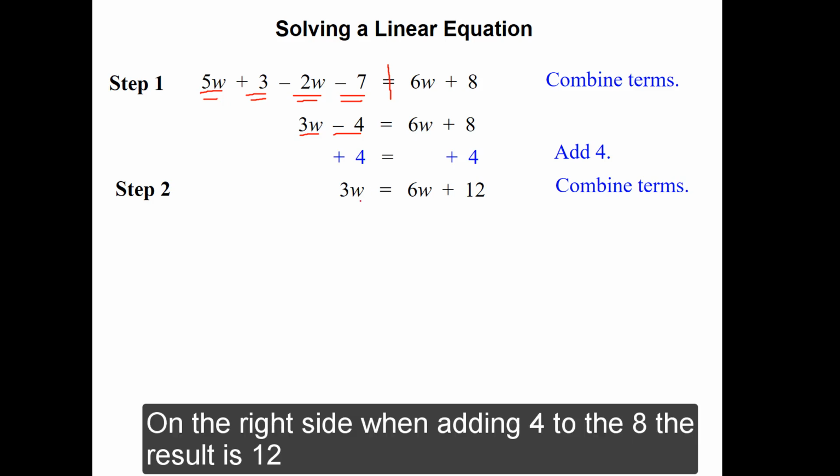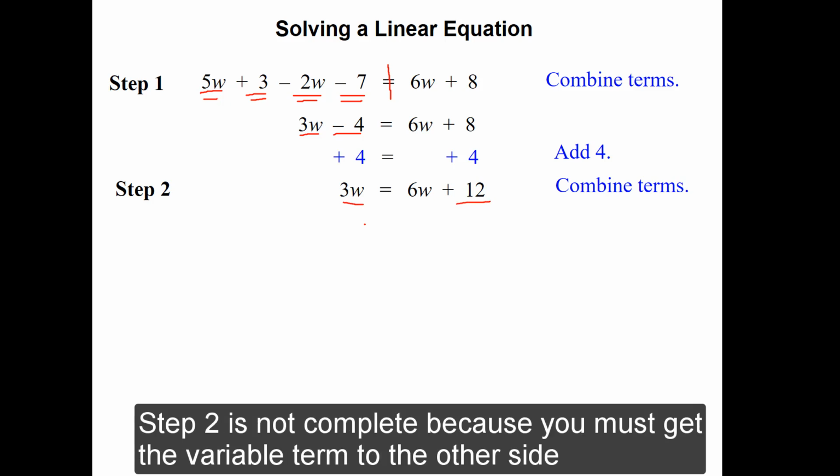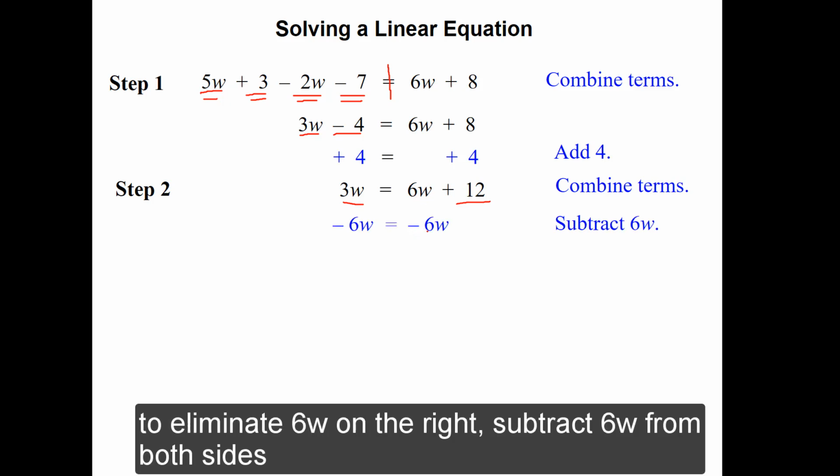Adding 0 has no effect. On the right side, when I add 4, that adds to 12. I am not finished with step 2 because I have to get my W term, or my variable term, to the other side. So to eliminate it from the right side, I will subtract 6W. I must do the same thing to both sides.